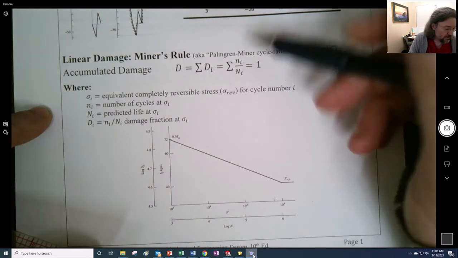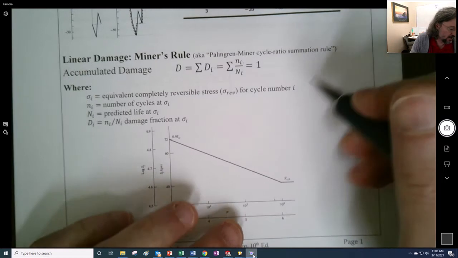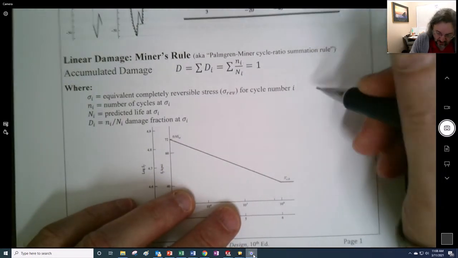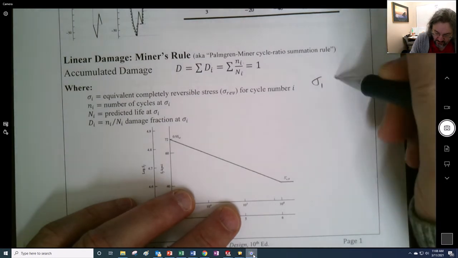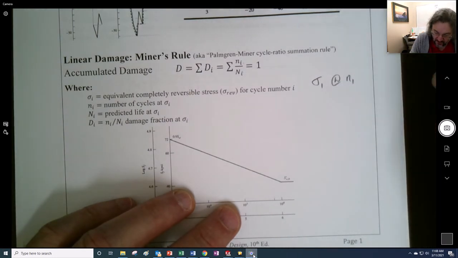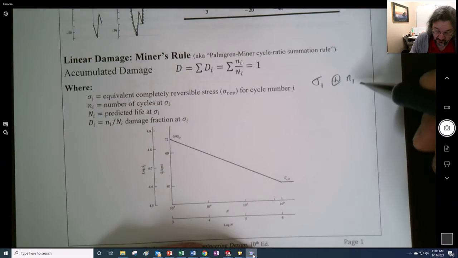For the most simple case, we just have two loading scenarios. The first loading scenario is a stress of, let's say, sigma 1, and that's done for n1 number of cycles and can live capital N1 amount of life.